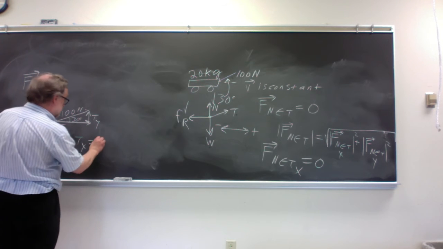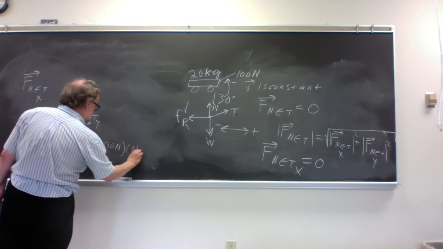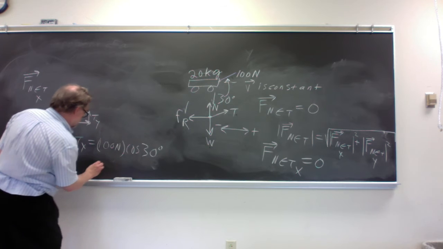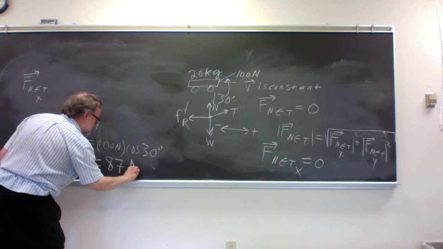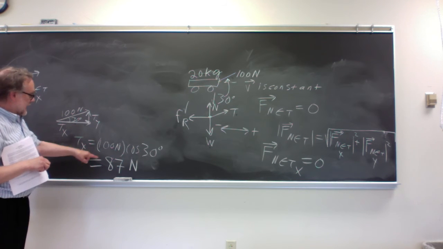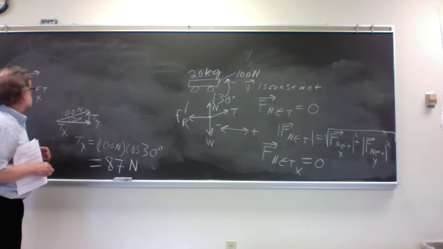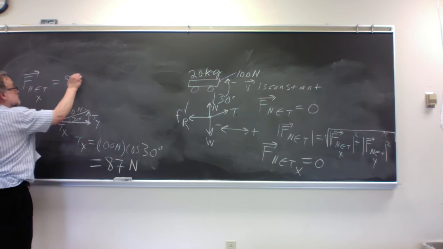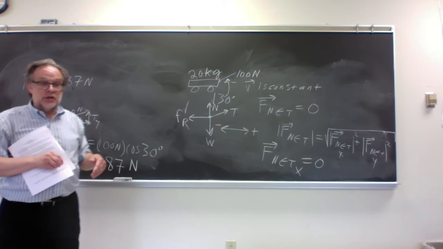That's the rule. 100 newtons times cosine of 30 degrees, and that comes out to about 87 newtons. So that is the forward pointing positive force along the horizontal direction, along the x-axis. That's all the force in the positive x direction.